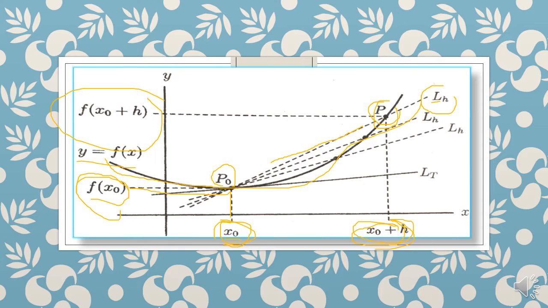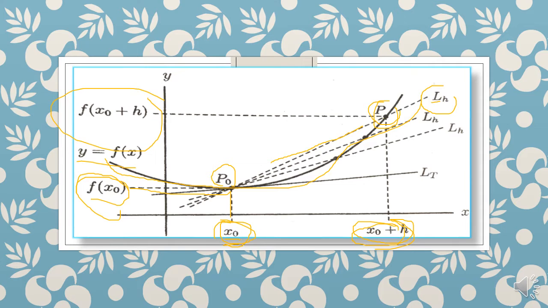Now, as h tends to 0, the point P tends to the point P sub O. So if etong h natin, class, ay papa-approach dito sa 0, yung point P natin dito ay papunta rin sa point natin na P sub O. We see geometrically that the secant line L sub h rotates about the point P sub O. Also we find that the line L sub h tends to a limiting position as h approaches 0.